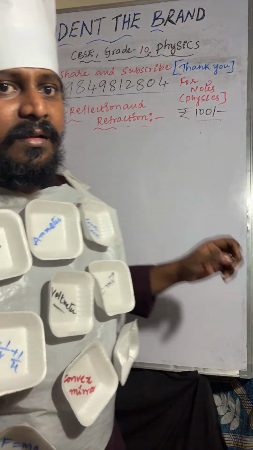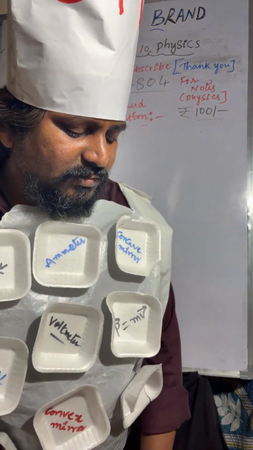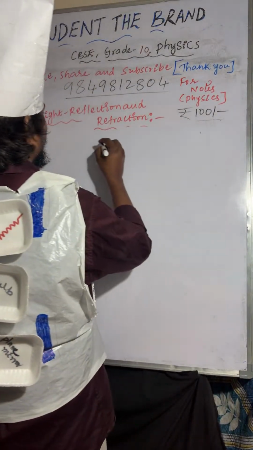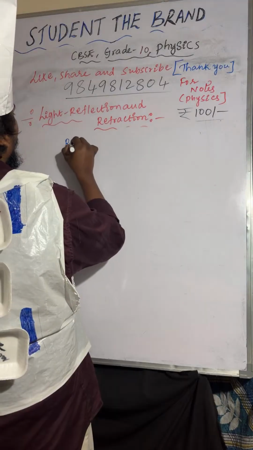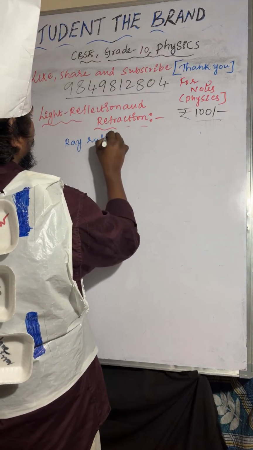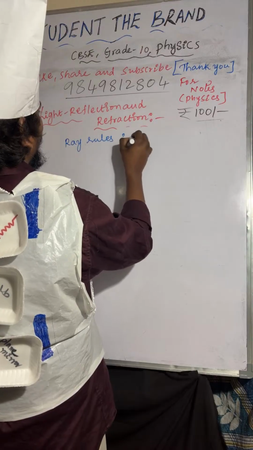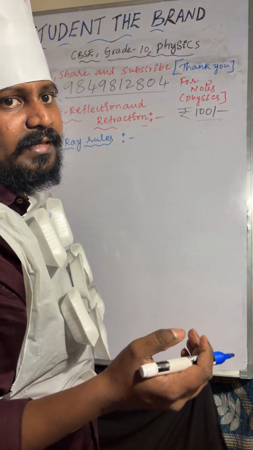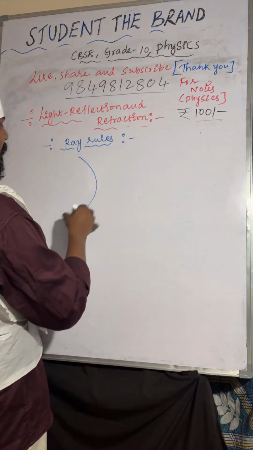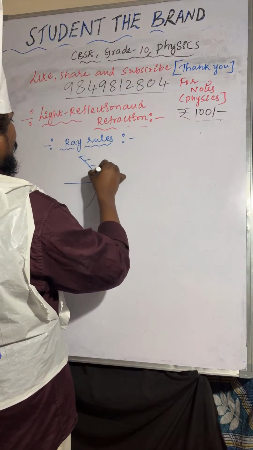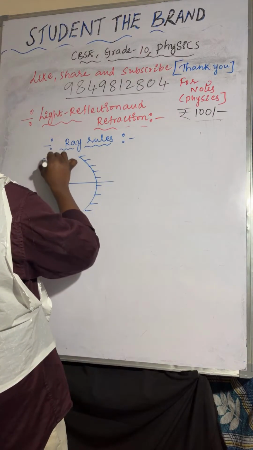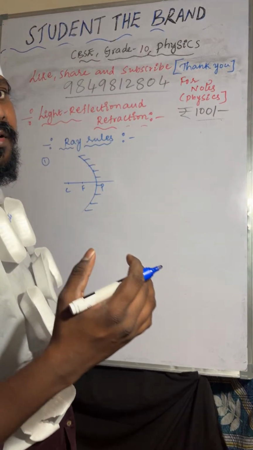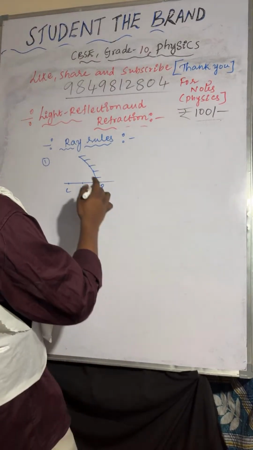We will discuss the rules for both mirrors, concave and convex, because they are similar. Starting with the concave mirror: every time you draw the mirror, you must mark the pole, focus, and center of curvature.